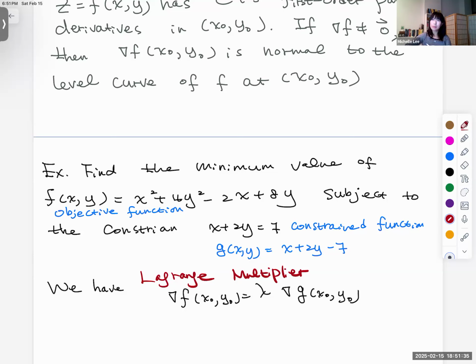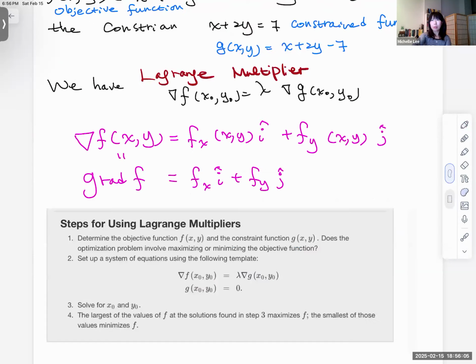Okay, now let's find the left side, the gradient of f. So the gradient of f, we find the partial derivatives. Let me write down the formula here. So I brought up the formula for the gradient, what we did last time. And here are the steps for how to find the Lagrange multiplier, right? So we have to set up from the formula, and this is a constraint function, right?